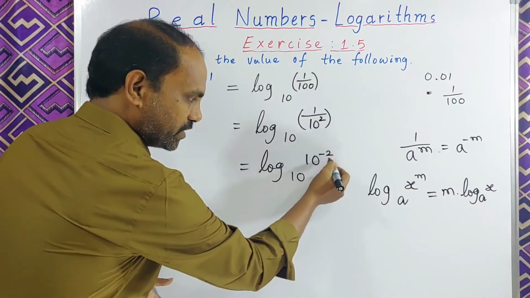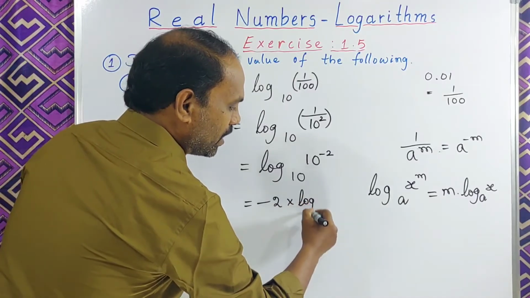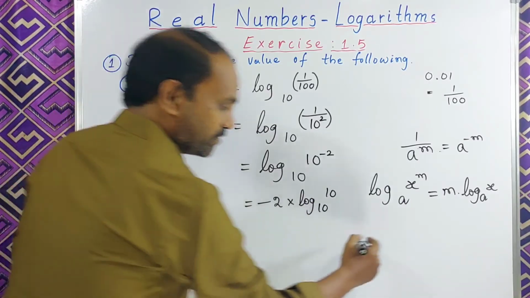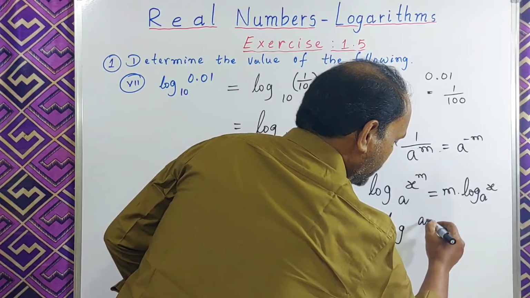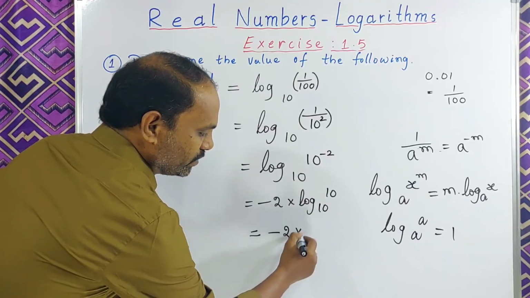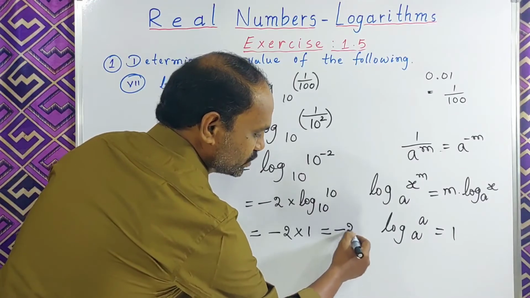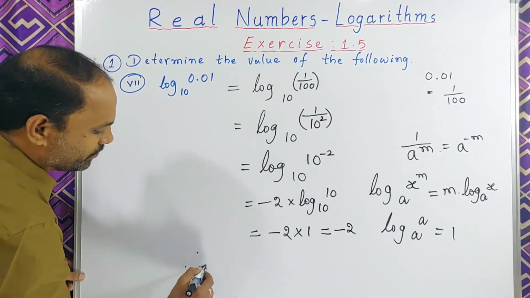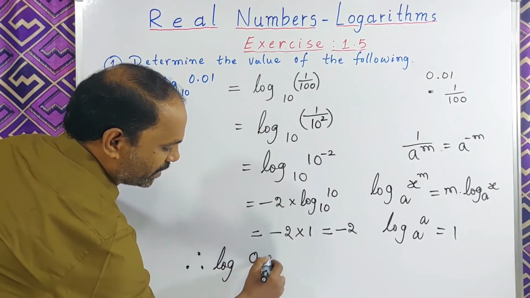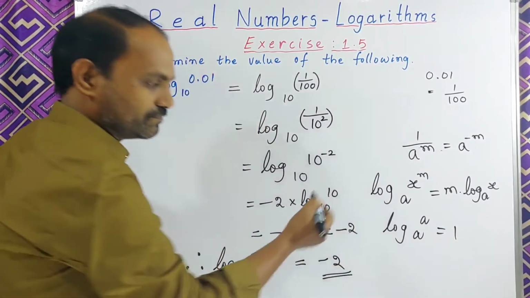That is why this exponent must come here, minus 2 into log 10 to the base 10. Log 10 to the base 10, these two are equal. Again we use this formula, log a to the base a is equal to 1. That is why here minus 2 into this value becomes 1. Minus 2 once is minus 2 only. Therefore log 0.01 to the base 10, this value becomes minus 2.